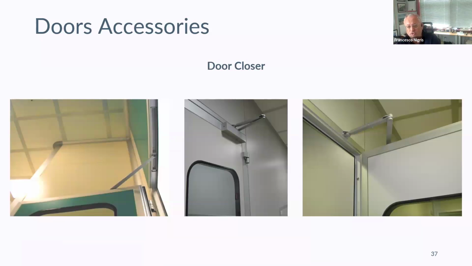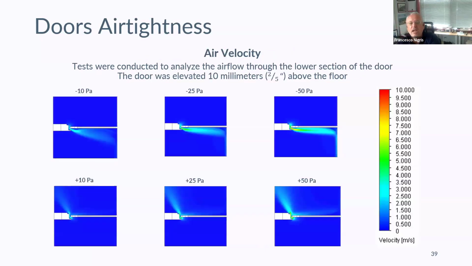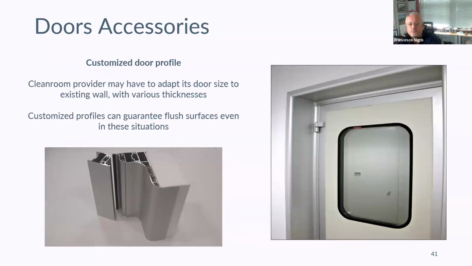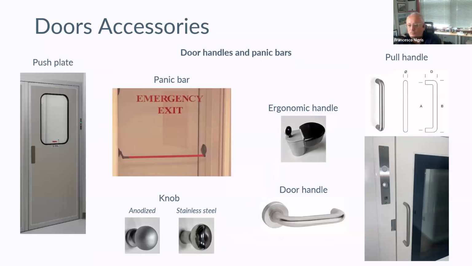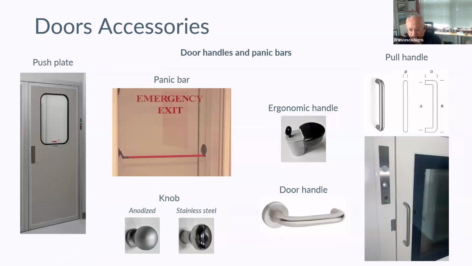What type of door closure, the one inserted in the wall or the external one? What is the air tightness required on the doors, is it important, is it not important, and so on. And of course, all the door accessories, and having a supplier that can provide you a turnkey solution, including doors, knobs and accessories.